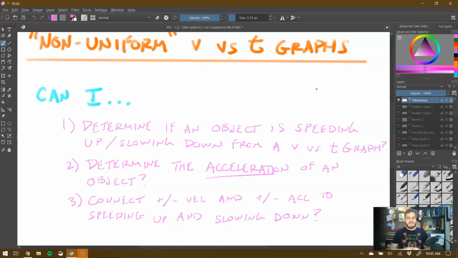And lastly, we want to connect positive negative velocity and positive and negative acceleration to speeding up and slowing down. If they have the same sign, so if I have a positive velocity and a positive acceleration, that means I'm speeding up. Negative, negative, speeding up. If they have an opposite sign, so positive velocity and negative acceleration, or the other way around, it's slowing down.